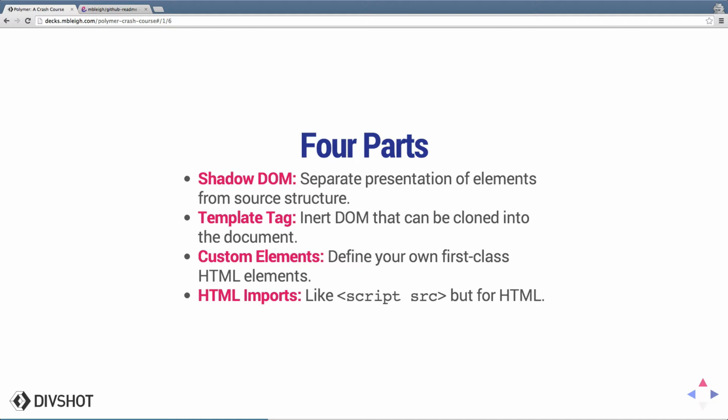The shadow DOM is the most mind-bending aspect of web components. That's the thing that you're going to think about for a while, and it's not going to make sense, and then it eventually will.